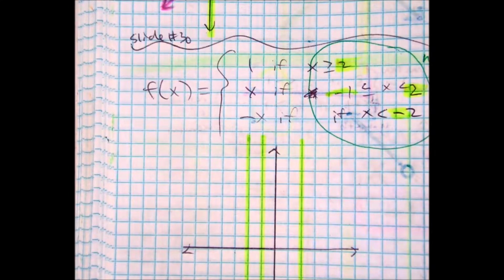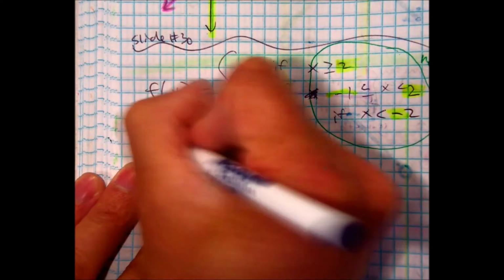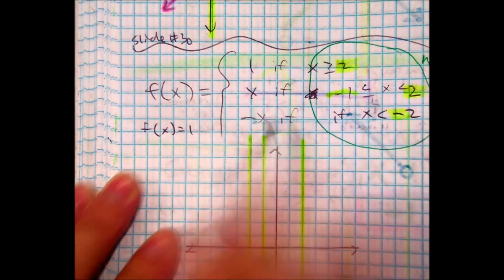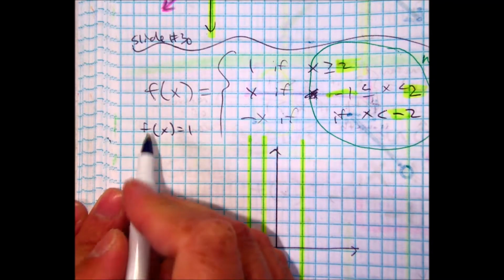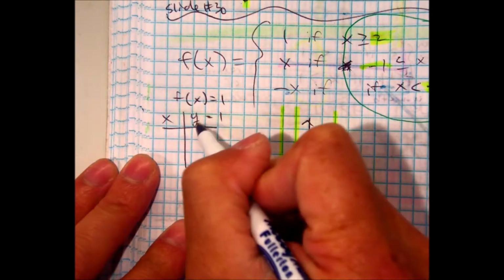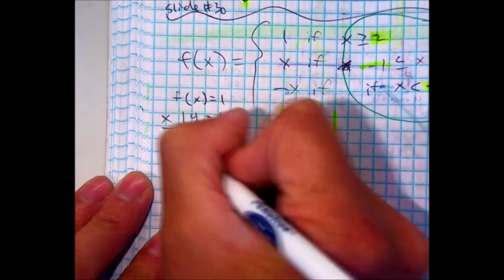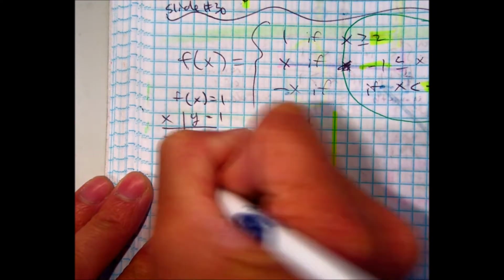Alright? So the first thing I see is f of x equals 1. Yesterday we learned that if you write f of x equals 1, an easier way of saying f of x is y equals 1. You can make a table of values, and basically you're graphing a constant here. So all of your y values are 1, and you're just making up your x values.